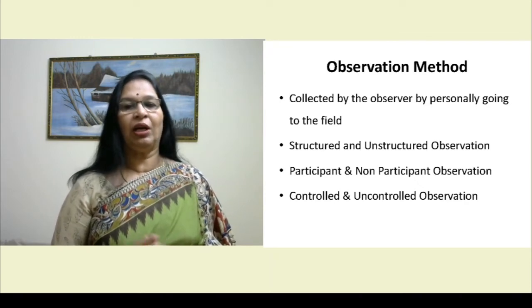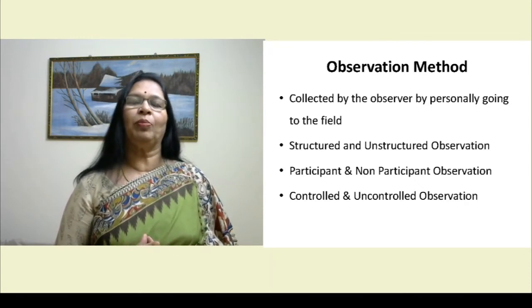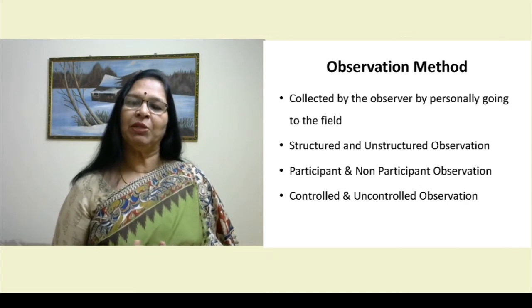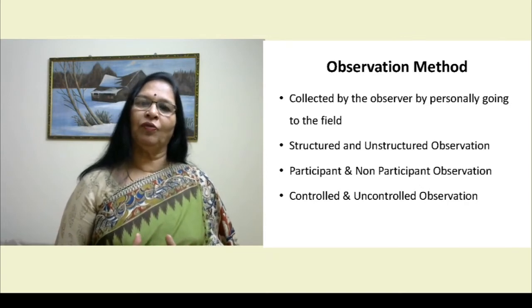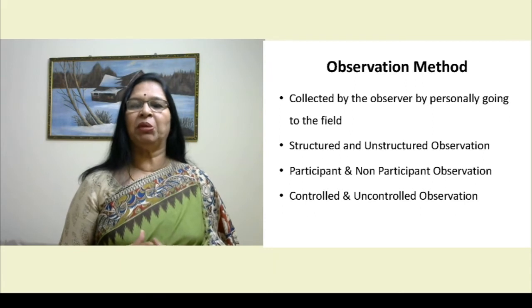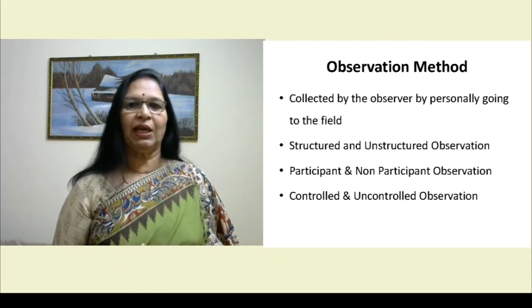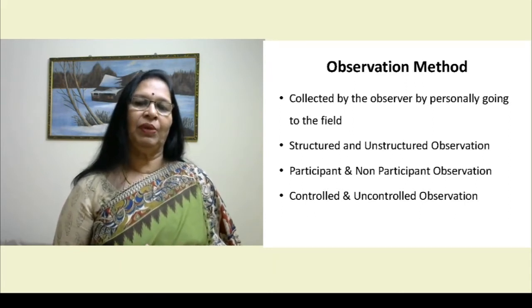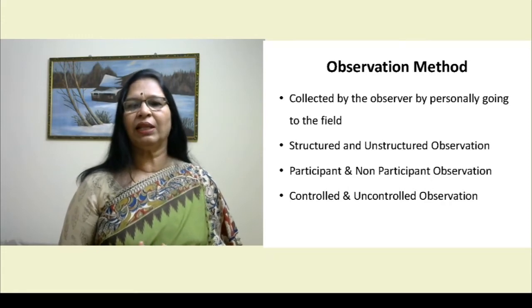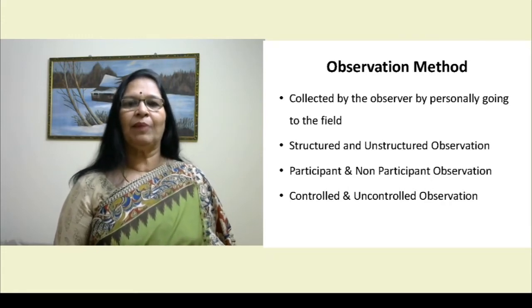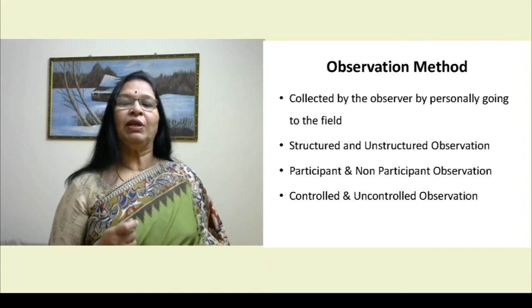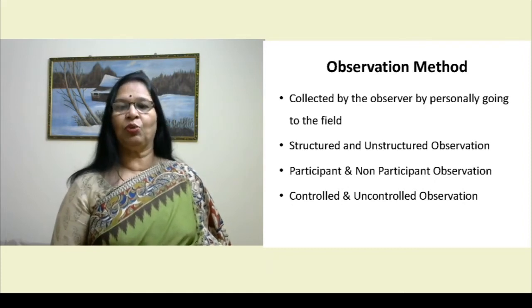Unstructured observation could be like how in general people might behave, if you want to see how people spend their time in a park, what they do during their time in the park, where you are just observing something, not necessarily having a structure that this is what you should do.